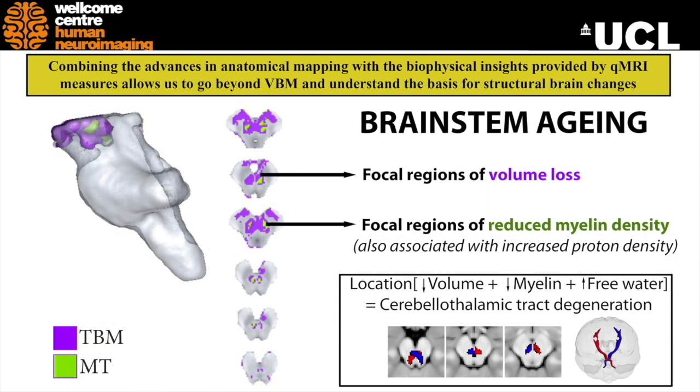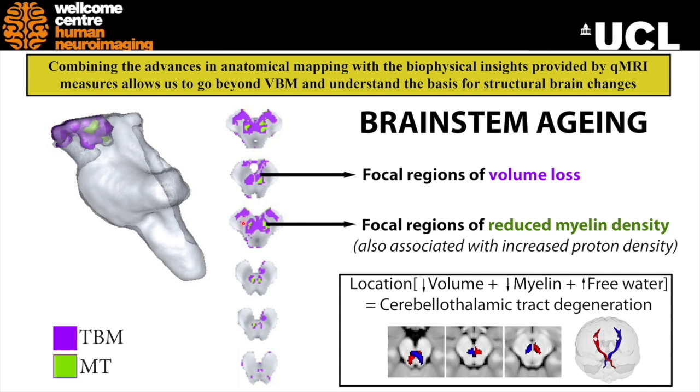We can combine these advances in anatomical mapping with the biophysical insights provided by quantitative MRI measures, which allows us to go way beyond voxel-based morphometry and actually begin to understand the basis for our structural brain changes. So in this example, we were examining aging in the brainstem, where it's been described that you get mesencephalic atrophy. What we found was that the regions underpinning this atrophy is volume loss in these structures here.